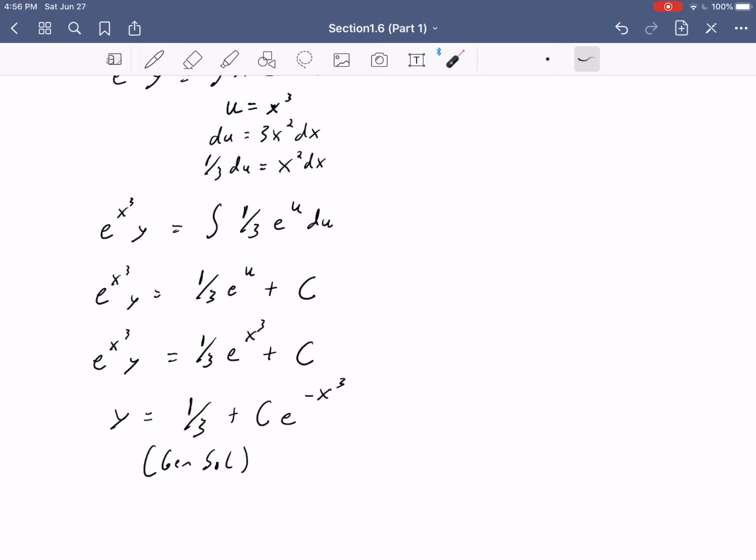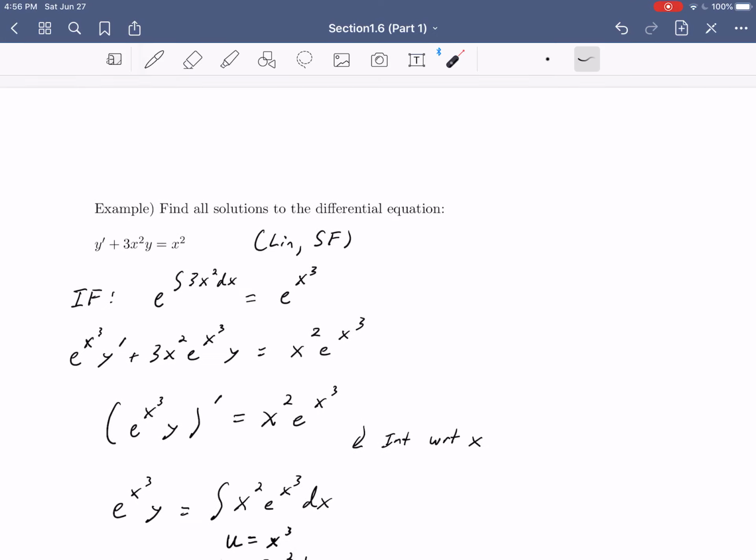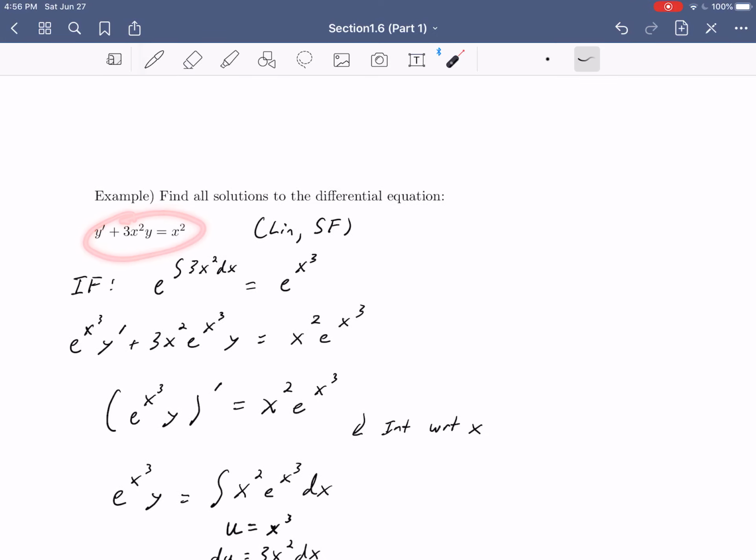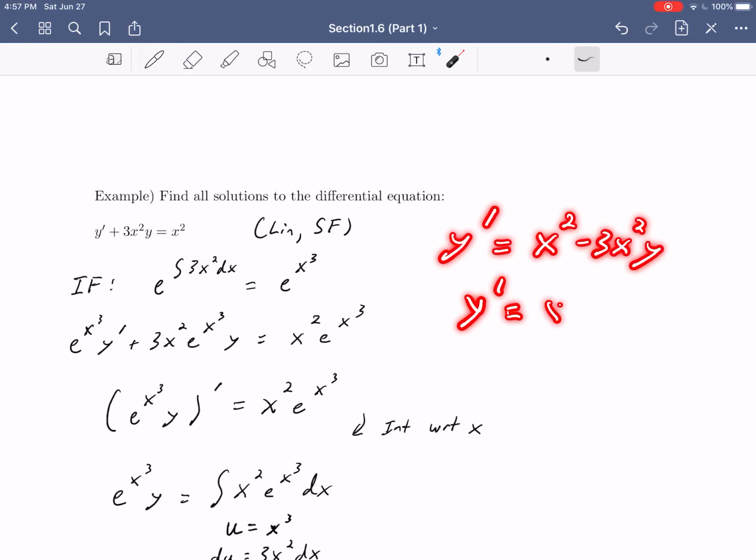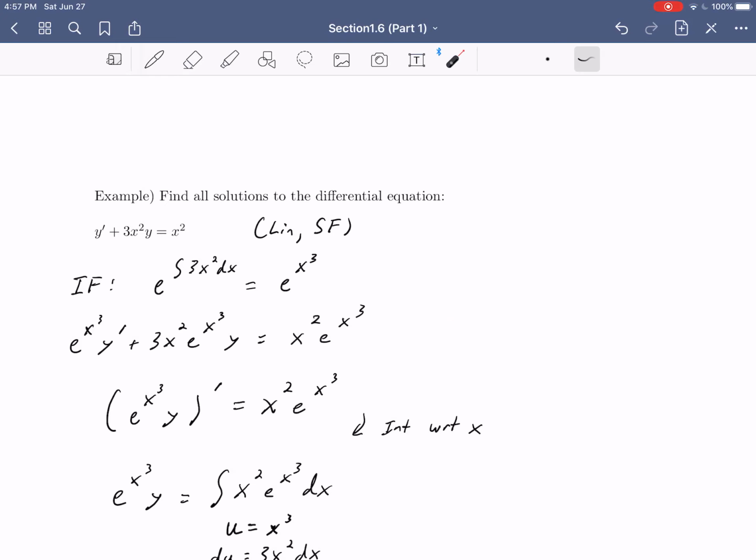Now, just out of curiosity, if you want, on your own, you can go back and take a look at this thing. There's actually a way to solve this without using all of this. This one actually turns out you could separate because both terms have x^2. You could have rewritten it as y' is x^2 minus 3x^2 y. Then you could factor the x^2, get x^2 (1 minus 3y), divide this over, and then actually use our separable approach.